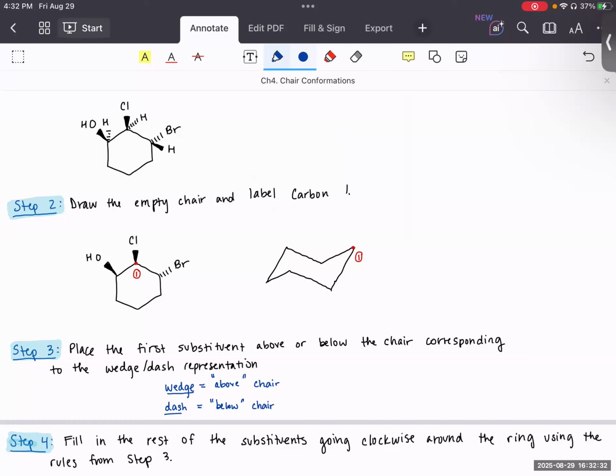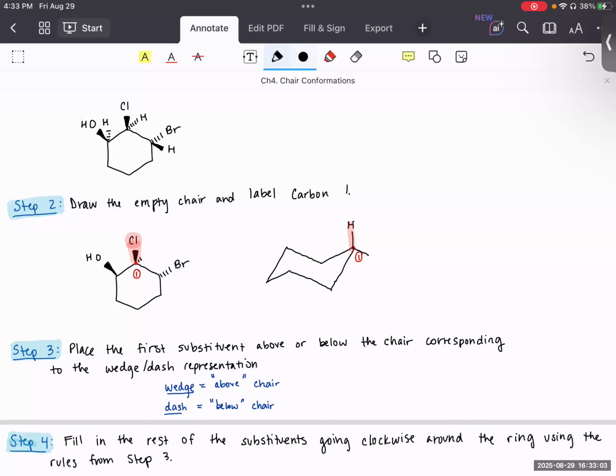And so for our first chlorine group right here, I'm going to use the structure up here to fill those in. We see that the chlorine is a wedge. And so that means that for this carbon right here, which has these 2 possible bonds, that group has to go above the chair. So it has to go up. And so we can see that this bond right here is going up, and it corresponds to that wedge group.